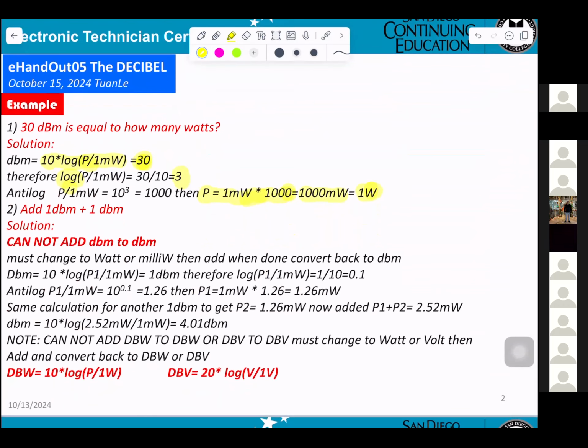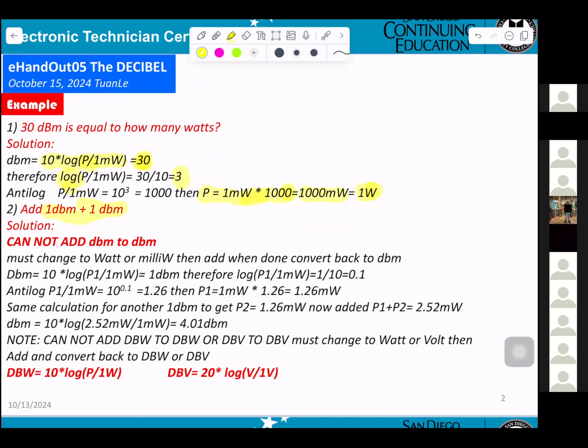Okay. They say they want to add 1 dBm to 1 dBm. The problem is you cannot add dBm to dBm. Okay?